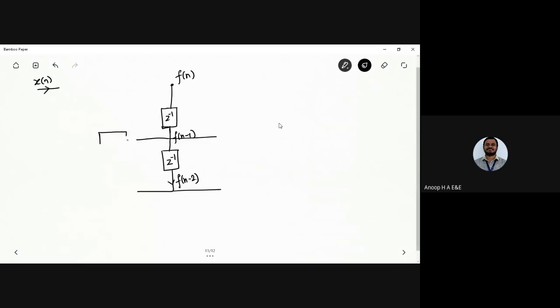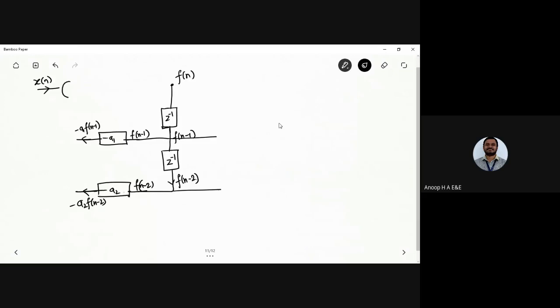When I interchange, subsystem 2 is replaced with subsystem 1 there. So minus a1, and this one is minus a2. This one is f of n minus 1, and this is f of n minus 2. This is the output here, which is minus a2 times f of n minus 2, and this one is minus a1 times f of n minus 1.